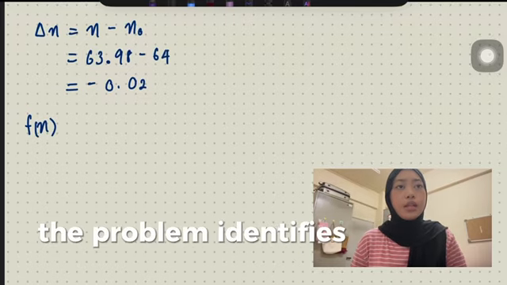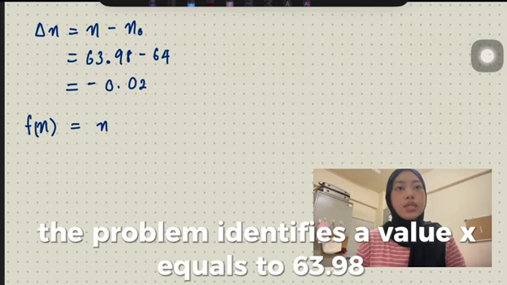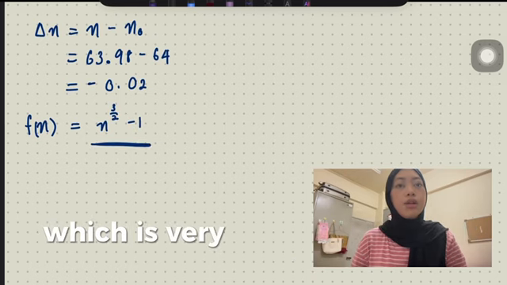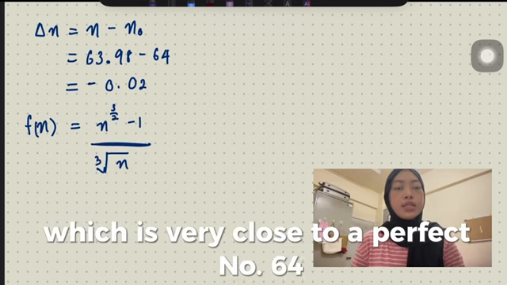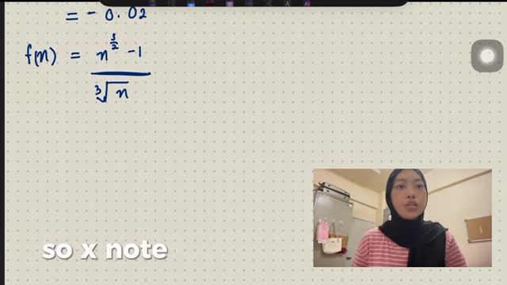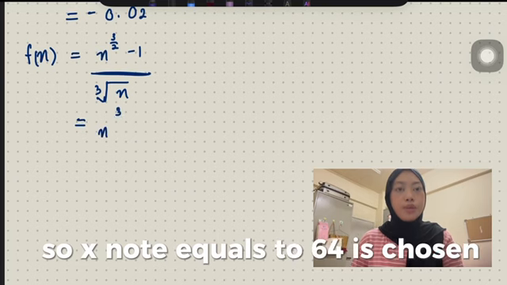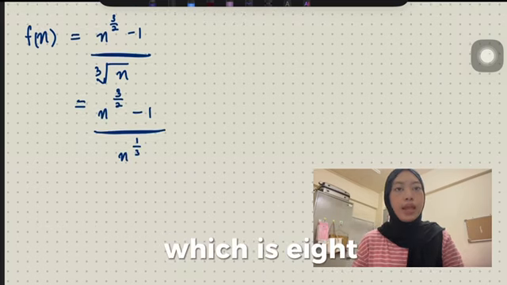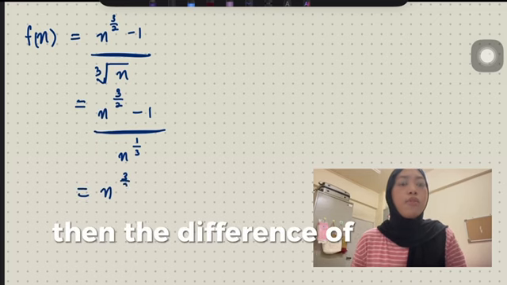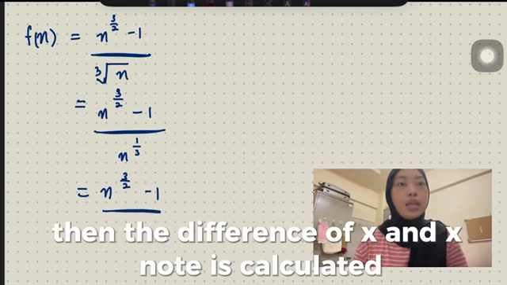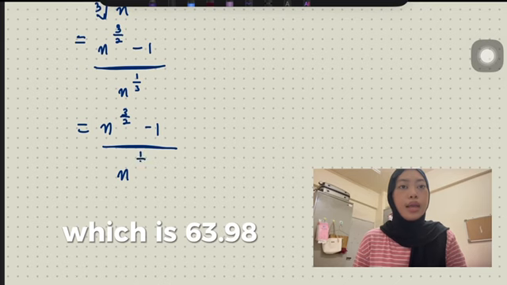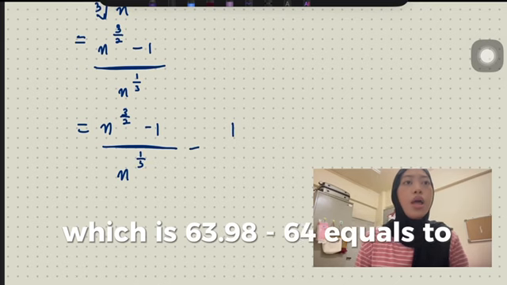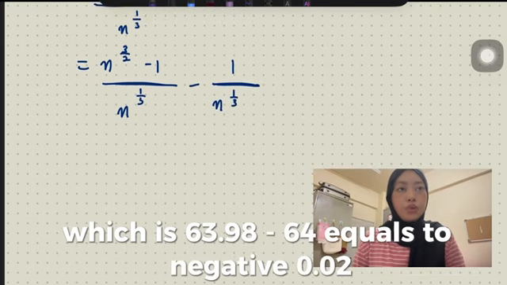The problem identifies a value x equals 63.98, which is very close to a perfect number 64. So, x naught equals 64 is chosen because it's easy to calculate its square root, which is 8. Then, the difference of x and x naught is calculated, which is 63.98 minus 64 equals negative 0.02.